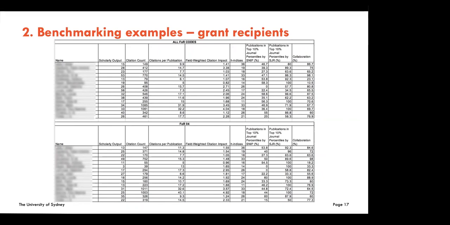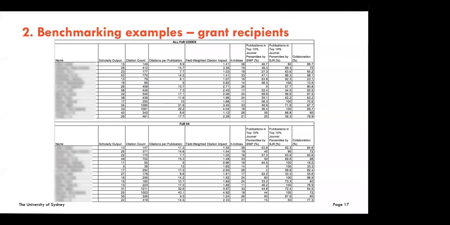So if you have 10 people who are working in the same area that you're working in, and started at around the same time, and you think you've got a fairly similar publishing profile, you can send that list to us and we can throw those names into SciVal and we can pull all this stuff out.